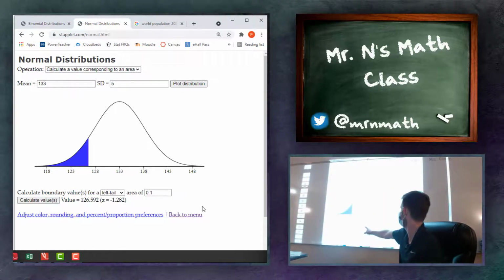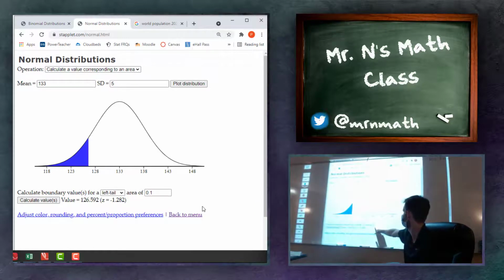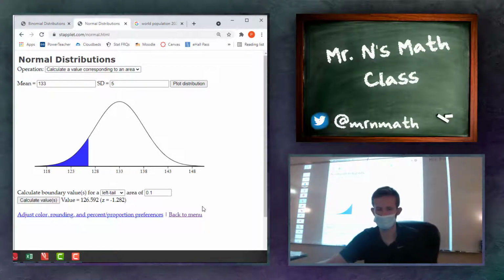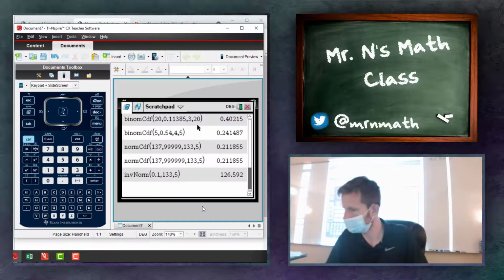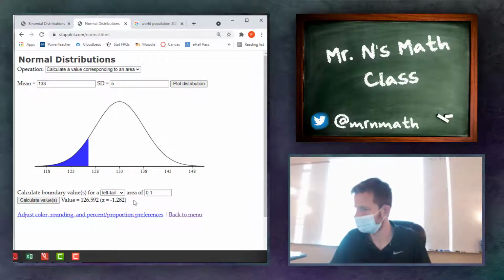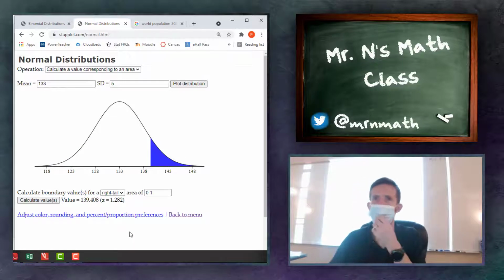So the left tail with an area of 0.1 is 126.6. What about the right one? If I do right tail, the thing about Stapplet is you can just put in 0.1 and it's going to do it.